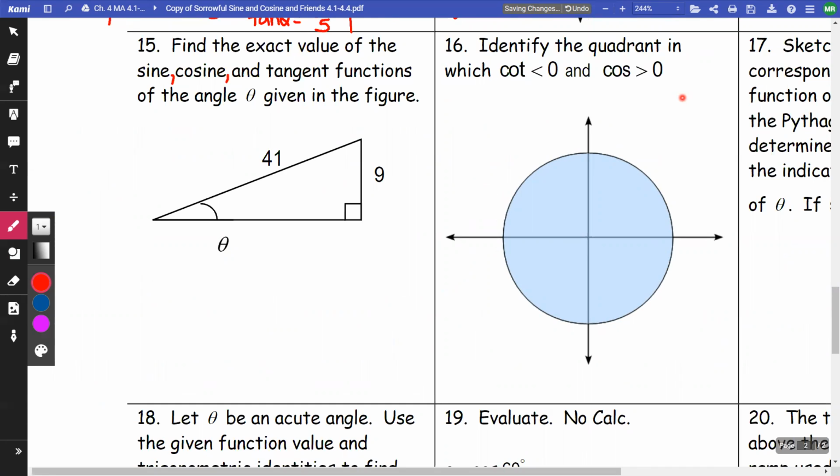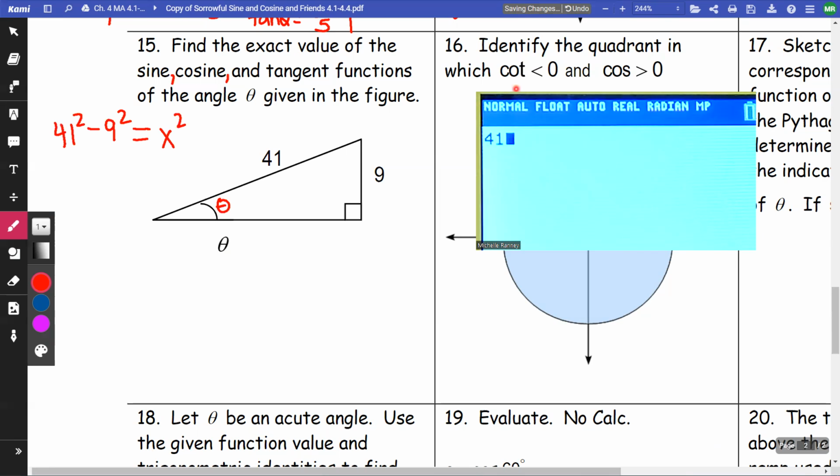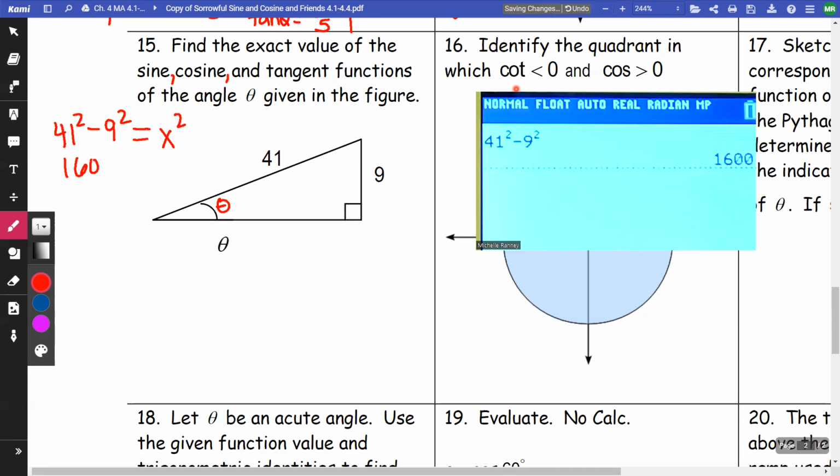So I'm going to do the Pythagorean theorem. So basically I'm going to do 41 squared minus 9 squared equals x squared. So 41 squared minus 9 squared gives me 1600. And if I take the square root of that, I am going to get 40.